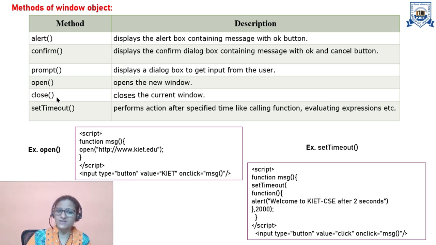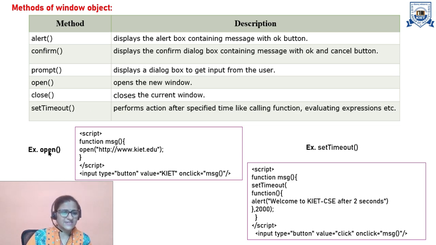Close closes the current window. Set timeout performs an action after a specified time has elapsed. As soon as the time elapses, some action is performed, like a function being called or an expression being evaluated.